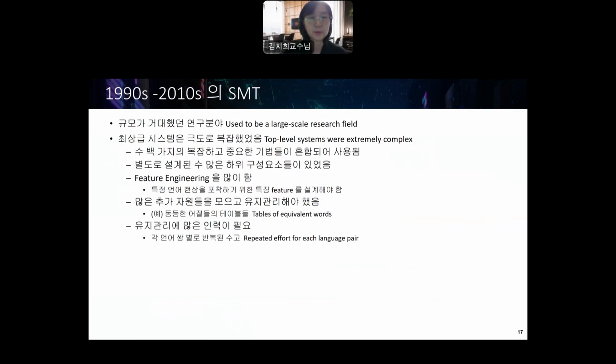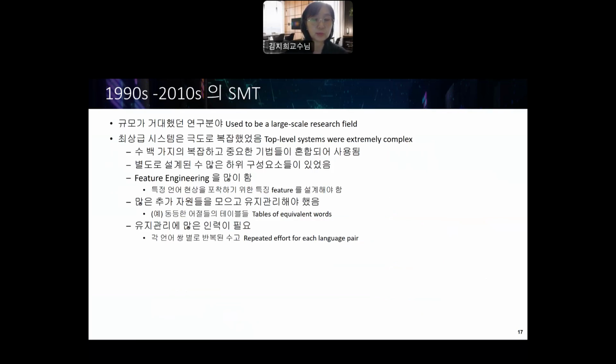And there are separate modules, for instance, English to French, English to German, English to different languages, and all these components together. And it needs a lot of feature engineering because each particular language has particular features. You have to maintain all these feature maintenance modules. And language changes over time, and new words may come. And you have to maintain all these tables of equivalent words.